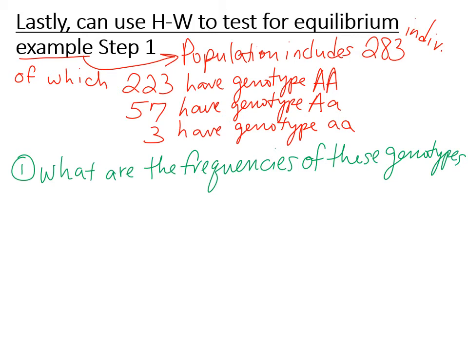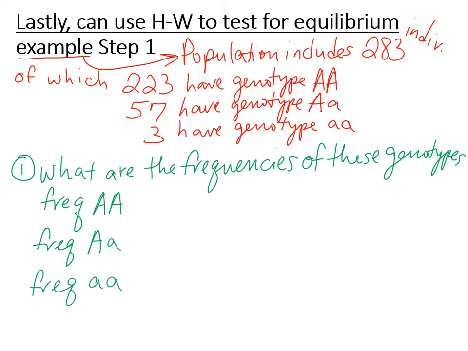And all that means is you need to translate numbers and language into math, right? So the genotype frequencies means we need the frequency of capital A, the frequency of capital A lowercase a, and the frequency of lowercase a.